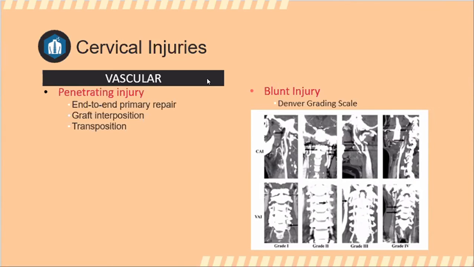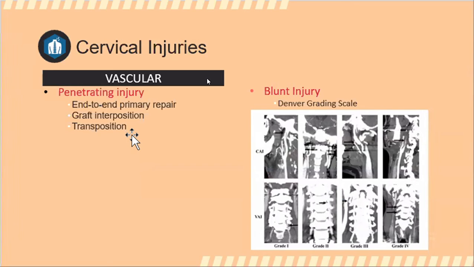Hahanapin dapat yung vascular injury, identify the vessel involved and do immediate repair. The repair we do can be end-to-end repair, or we can do graft interposition. If hindi natin ma-oppose yung distal and proximal end ng vessel, you can use a PTFE graft, an artificial graft, and also we can do transposition.